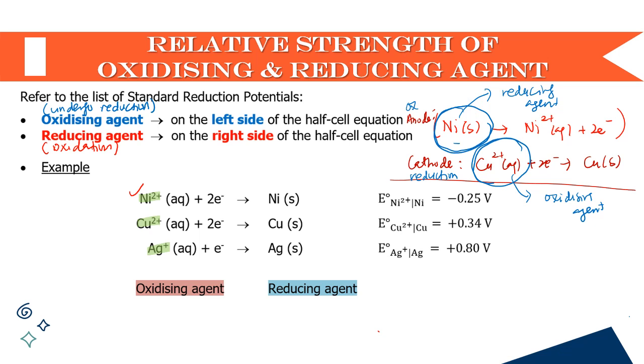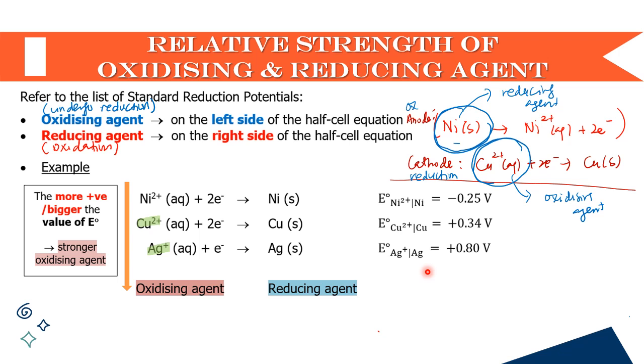The next part that we want to discuss is the strength. How do we determine which one is a better oxidizing agent and which one is a better reducing agent? We're going to discuss by looking at the value over here. From this value, I need you to correct your arrow inside your notes.